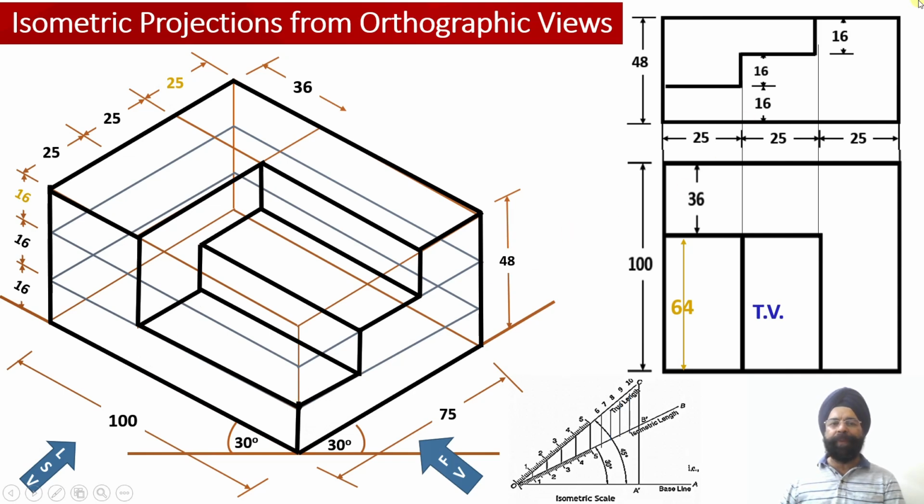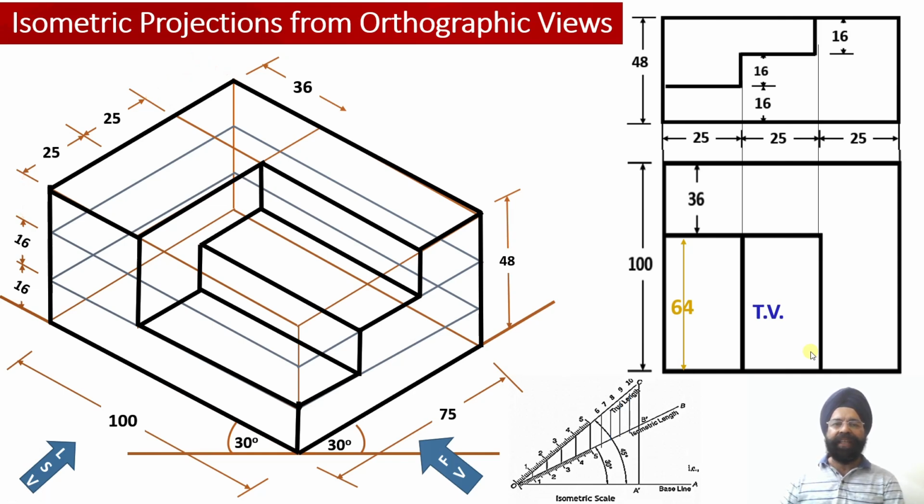So this is the complete construction of the isometric projection of the solid, wherein the orthographic views, that is the front view and the top view, were provided to us.